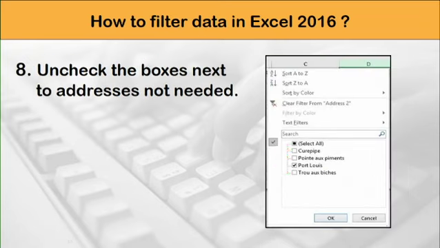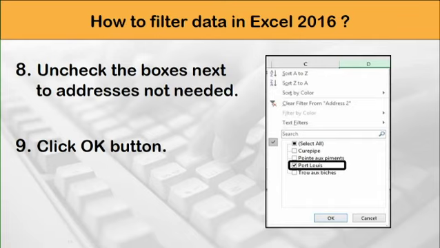Uncheck the boxes next to addresses not needed. Here, in this example, Cupid, Pointe-au-Piment, and Trois-Biches are not needed. Only the Port Louis region is selected. Click the OK button.